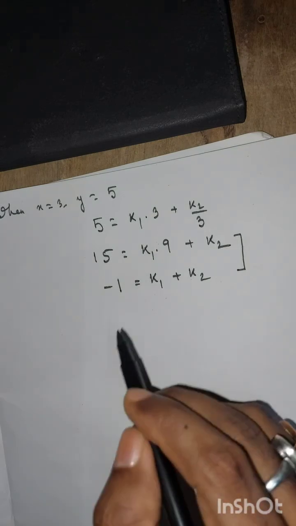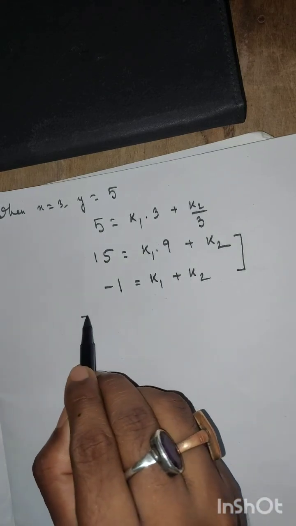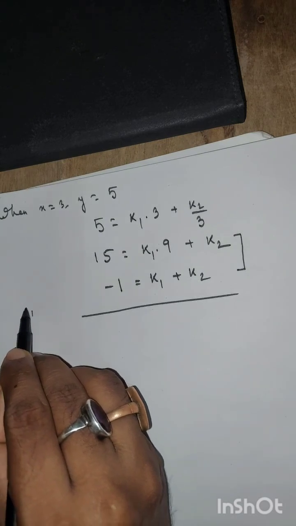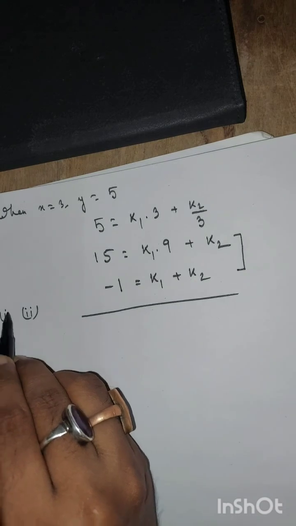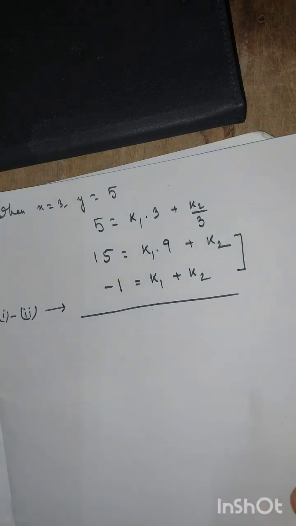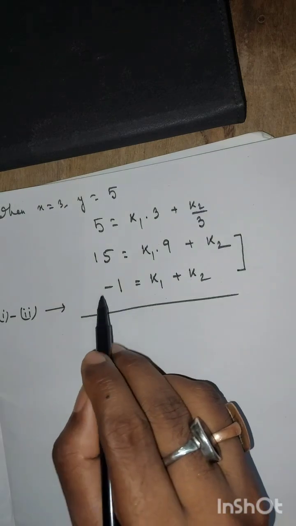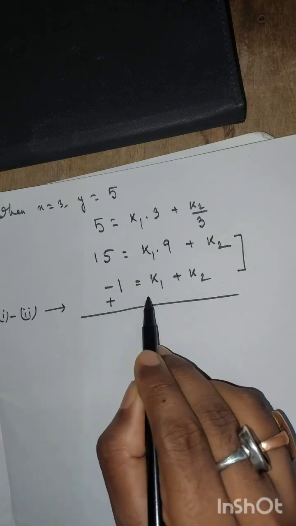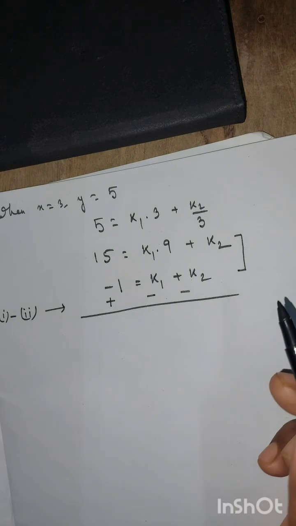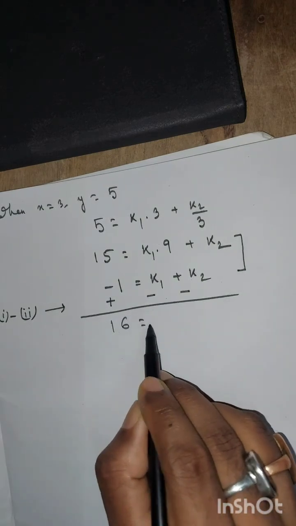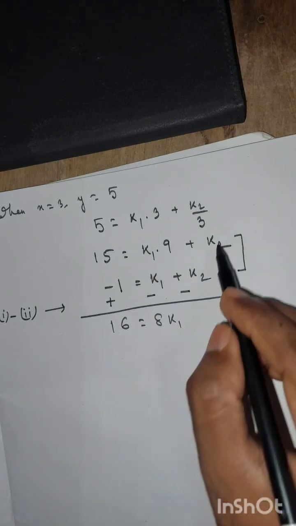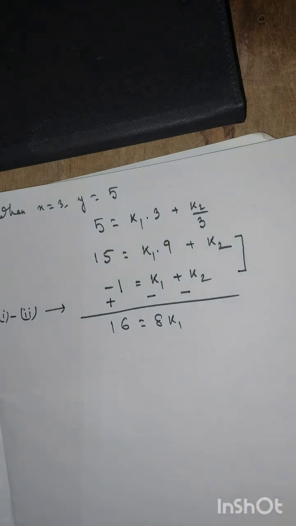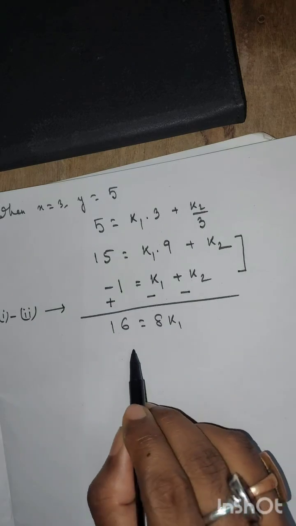Okay, let us subtract equation 1 from equation 2. So the signs are changed, this becomes positive, this is minus, this is minus. Now we can write 16 equal to 8k1. Okay, k2 and k2 get cancelled, so k1 equal to 2.